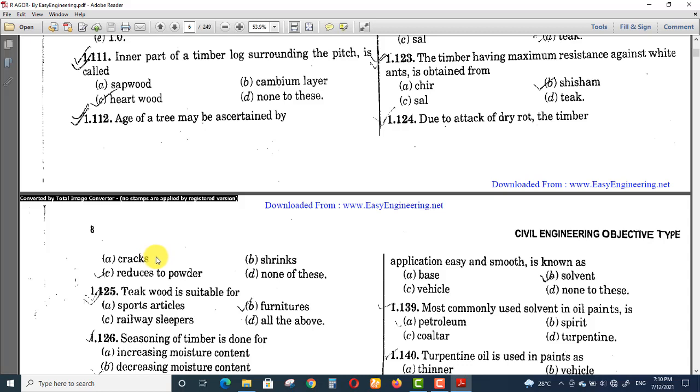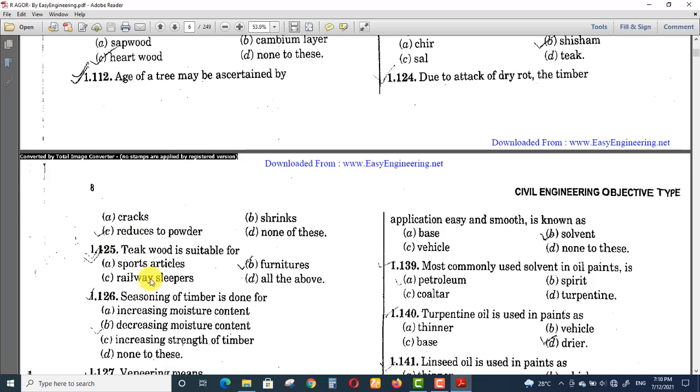They are because of other reasons, like if you don't do the seasoning properly, then you will get cracks and shrinkages in your wood. But reduction or changing of the timber into powder form is because of dry rot. So the right option is C, reduces to powder.